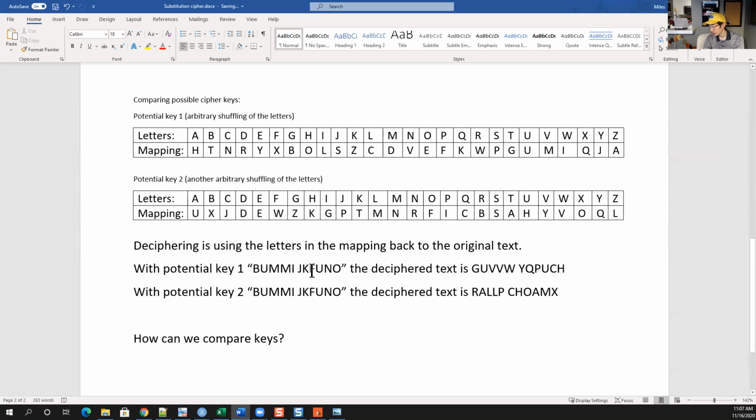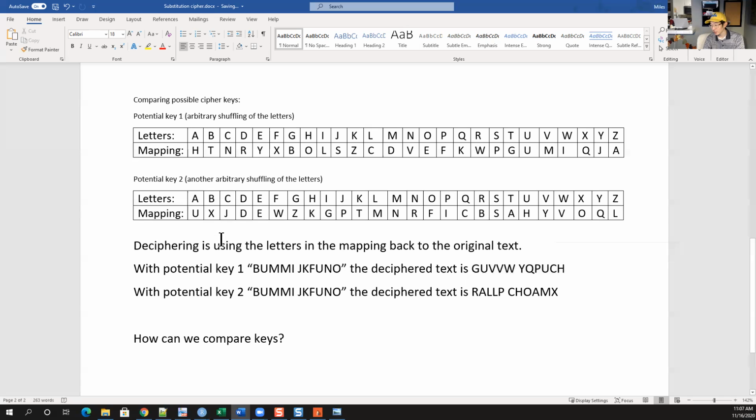Okay, and then JKFUNO. J becomes Y, K becomes Q, and then F becomes a P, and so on and so forth. And so if we apply this key to our ciphertext, this is what it says is the original message.